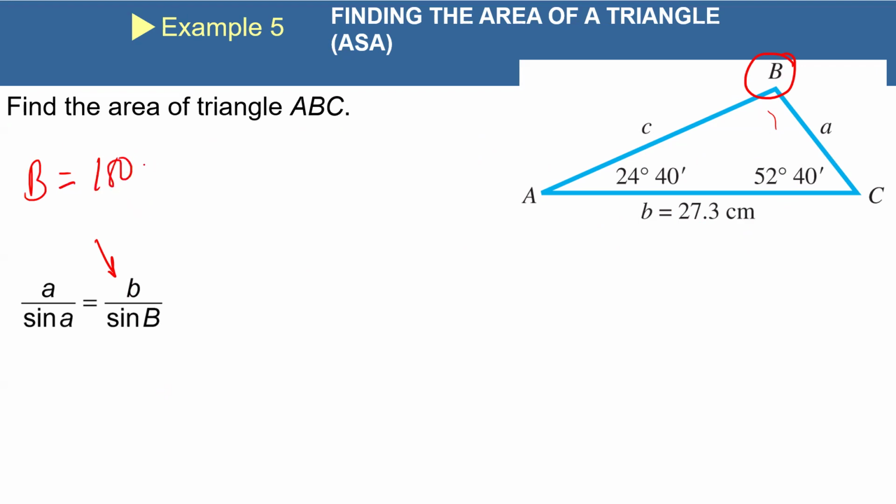So it's 180 minus 24 plus 40 out of 60 minus 52 plus 40 out of 60. Because I have to take into account that those are degrees and minutes. Does that make sense?